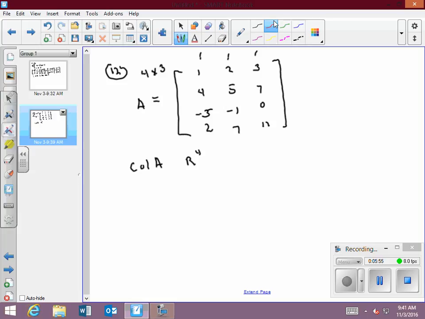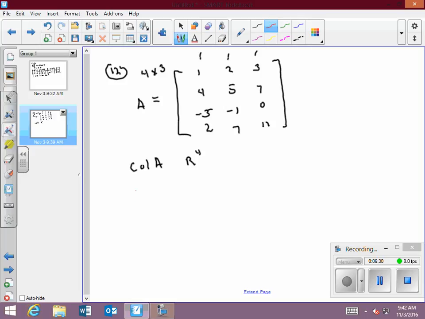So if you found that column 1 was a pivot point, then column 1 would be in column A. If column 2 didn't have a pivot point in it, then column 2 wouldn't be in column A. If column 3 had a pivot in it, then it would be 1 and 3. So it has to be in R4, because there's going to be 4 entries in those columns.